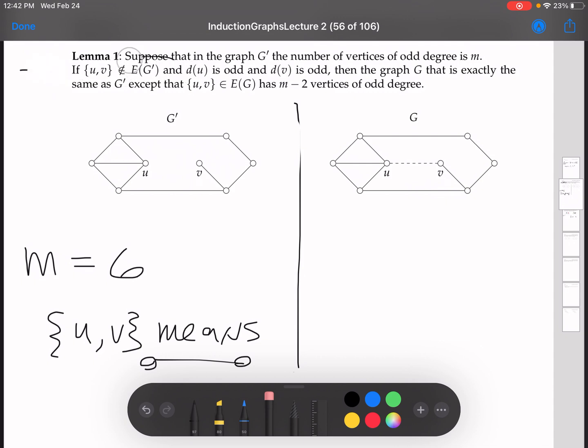And the degree of U is odd. Let's see, remember this was 3. The degree of U is odd. Okay, that meets that criteria. And the degree of V is odd. That was 1, so that meets that criteria. Then the graph G is exactly the same as G prime. And notice that these two graphs, G and G prime, are in fact exactly the same graph, except that in G, we've added this edge right here between U and V.